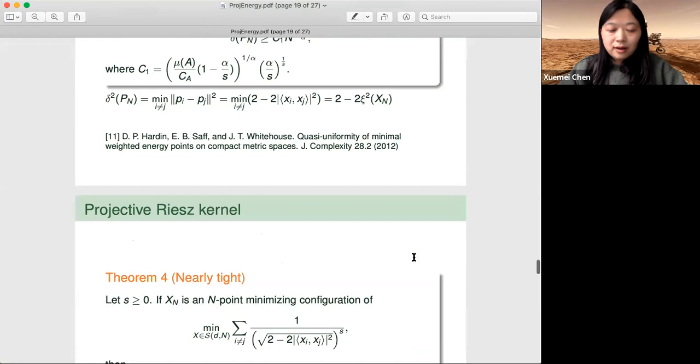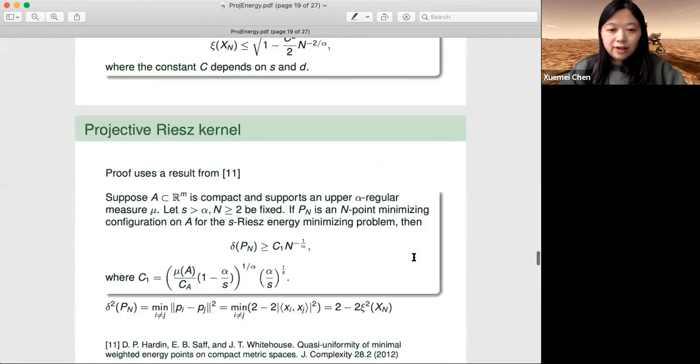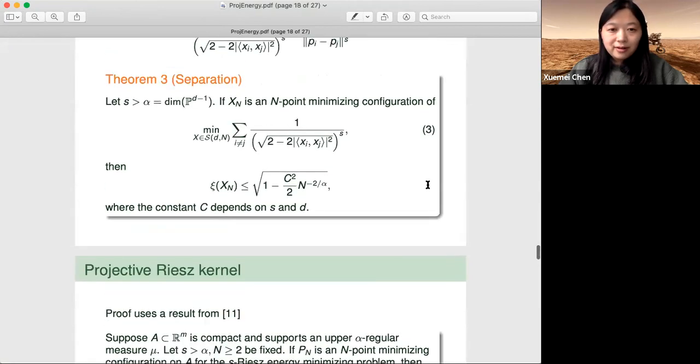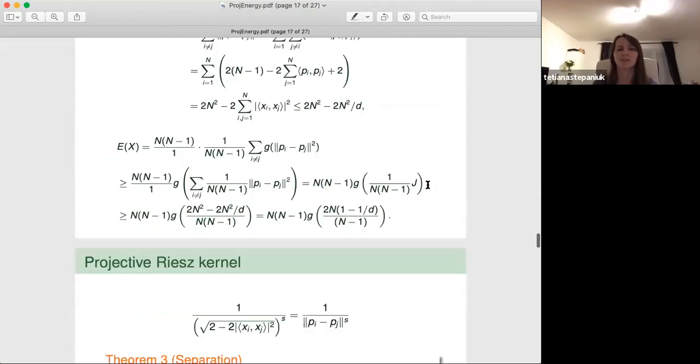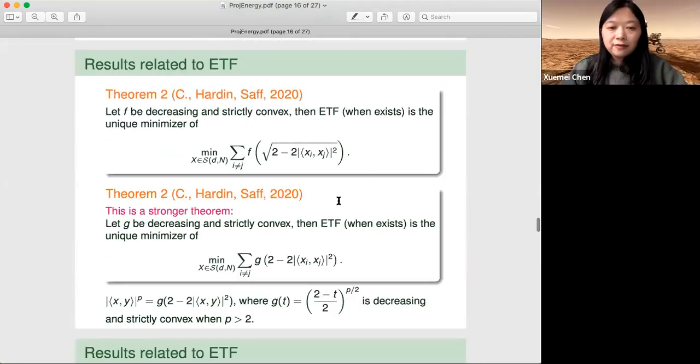Convexity was just for the general setting. It was only for theorems 1 and 2, where we definitely need convexity. It can be disproven otherwise.